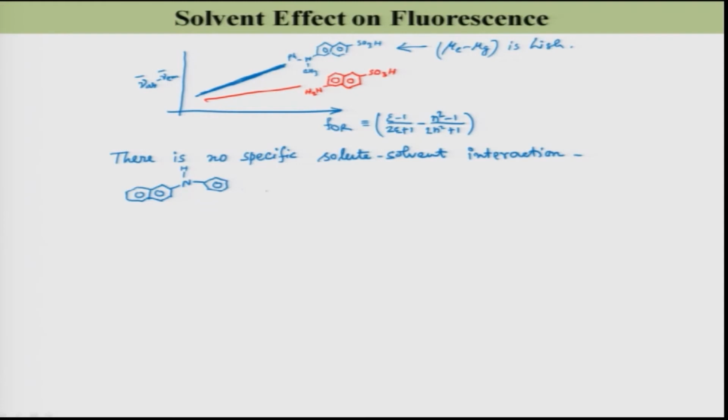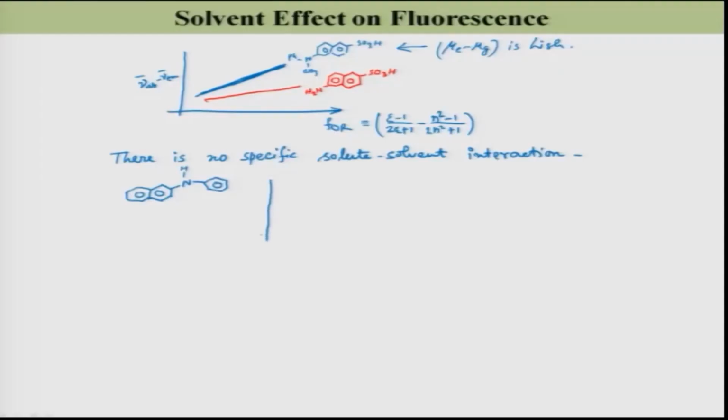So, in this case the change in the emission spectra of this molecule will be enormous for very low concentration of ethanol. If I may draw briefly over here, this is lambda emission, and this is my intensity of fluorescence, I can represent as I or F, whatever you want.